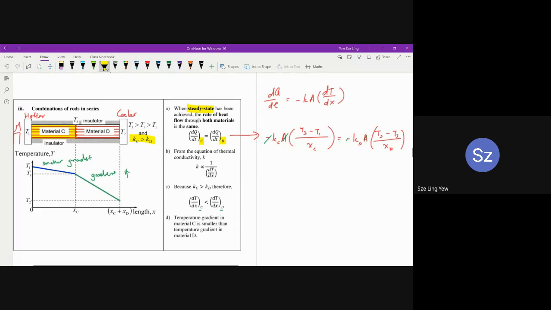So this is the relationship you need to know: kC larger than kD, therefore dT over dx for C is smaller than dT over dx for D. Sometimes the question will just ask you to sketch without giving any values. How do you know the shape? You know the shape by looking at the constant k.